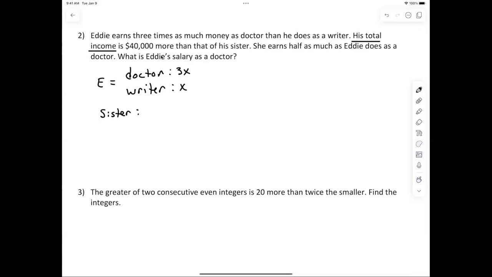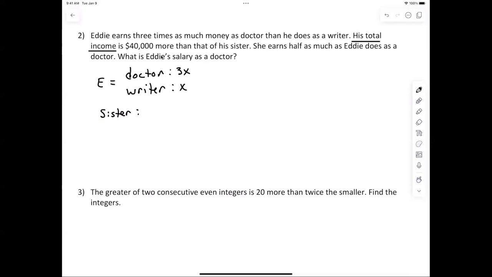Now, his total is 40,000 more than his sister. So I agree with that. All right. So what is his total income? How much? 40,000. Nope, that's not what it says. S plus 40,000.